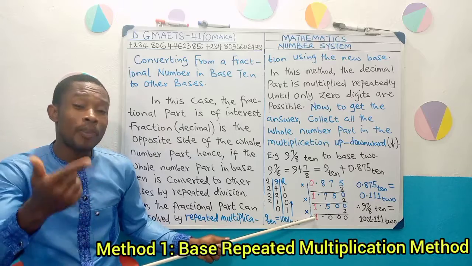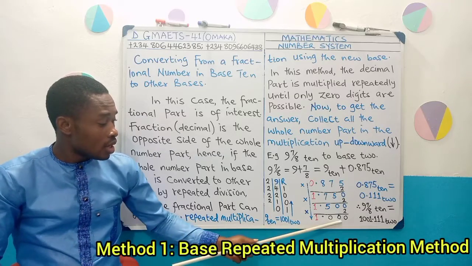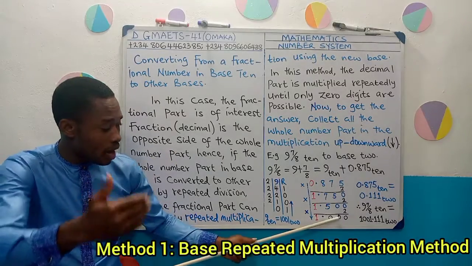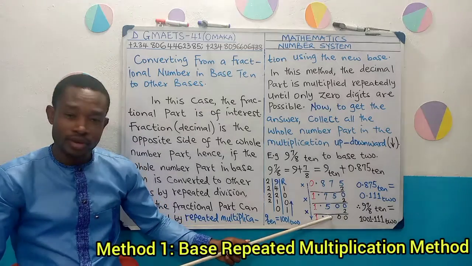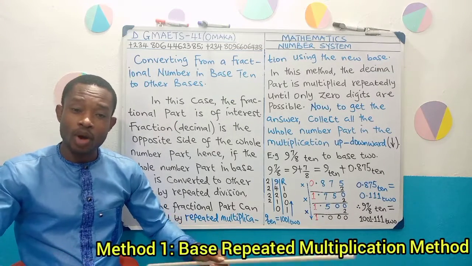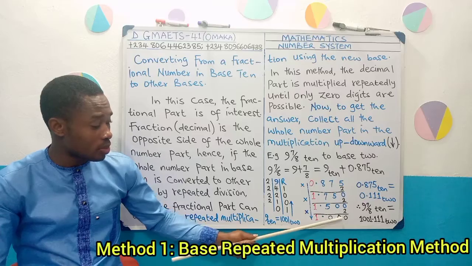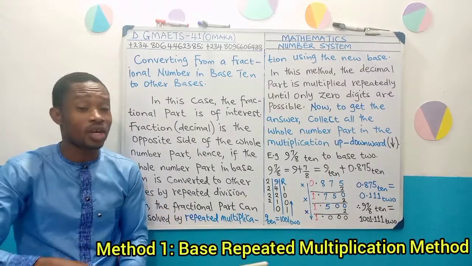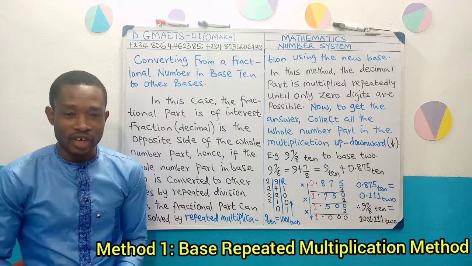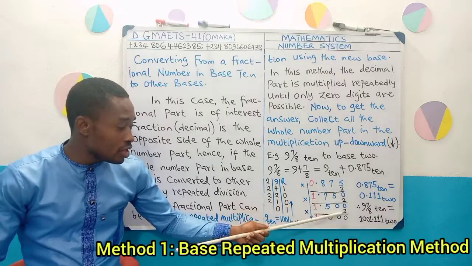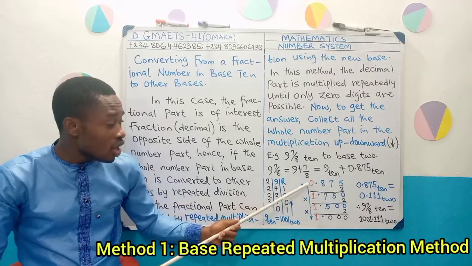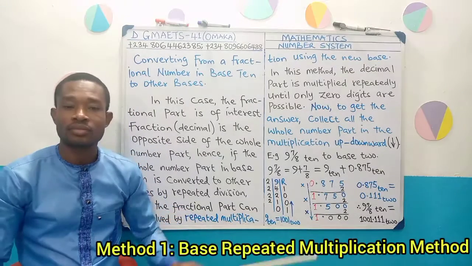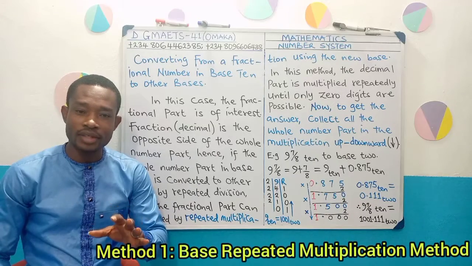This one will also form part of your answer in that base 2. Now at this point, you take note that the decimal part you have there is 000. Therefore, you stop multiplying because even if you use 2 to multiply these terms here, you still get 0. You are going nowhere. Please don't forget the new base you are using to multiply will not affect these digits here. I hope it's clear, right?